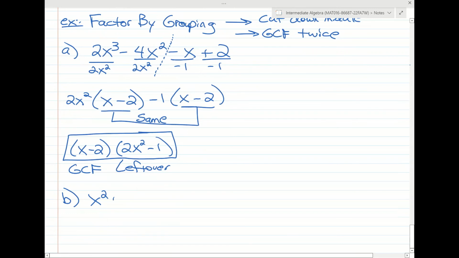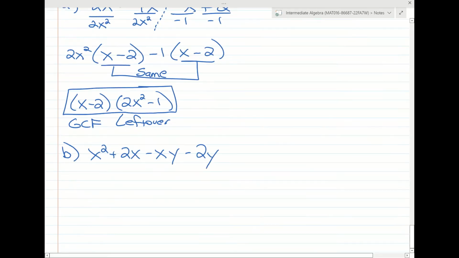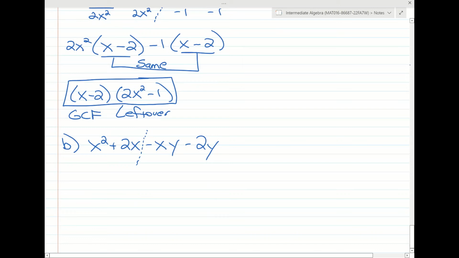What about x squared plus 2x minus xy minus 2y? Just like before, we'll cut it down the middle. Take out the GCF of the first half, second half, and then all together.